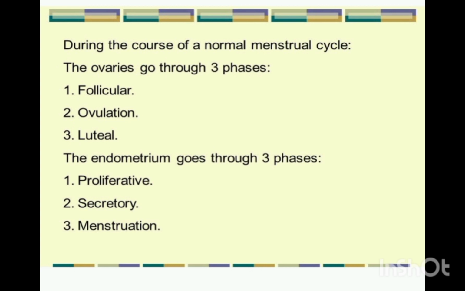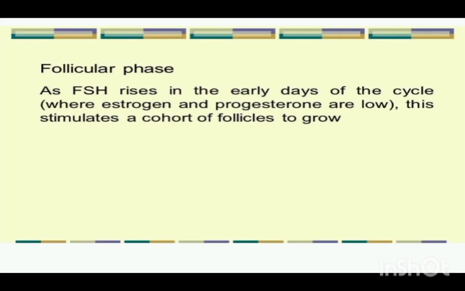The endometrium also goes through three phases: first the proliferative phase, second the secretory phase, third the menstrual phase. Let us see what we mean by the proliferative phase.